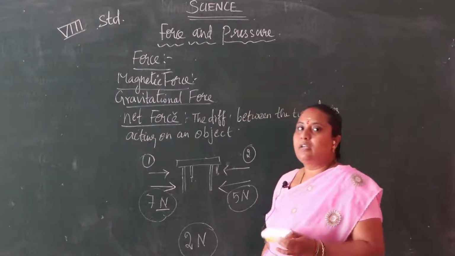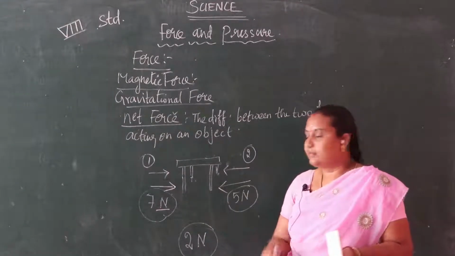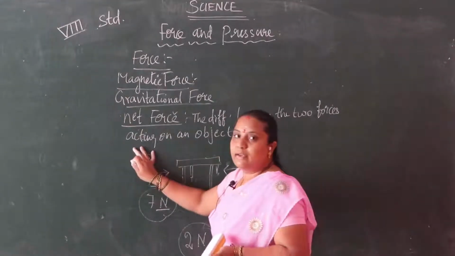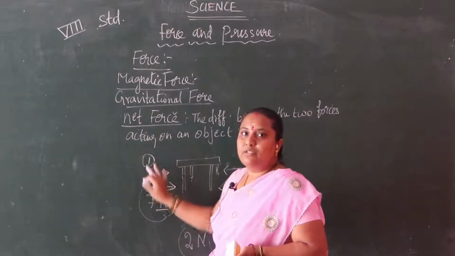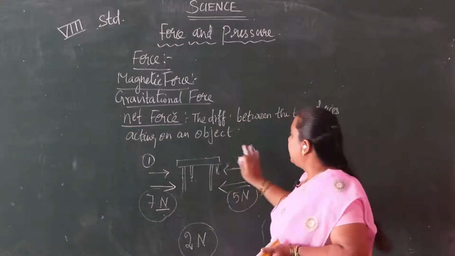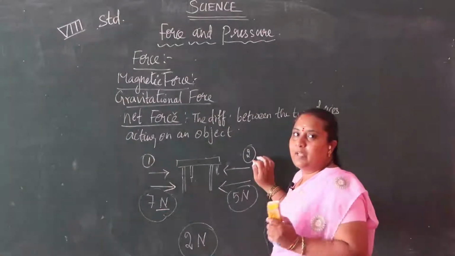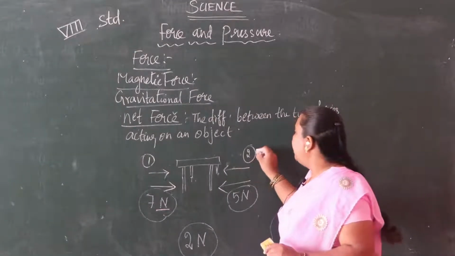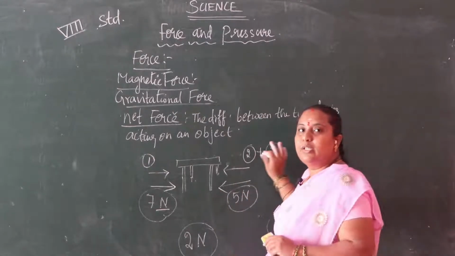Or otherwise, child 1 is very strong. The force given by child 1 is 7 newtons. And on this side, the second child is very weak. So we are adding one more child here, child 3.